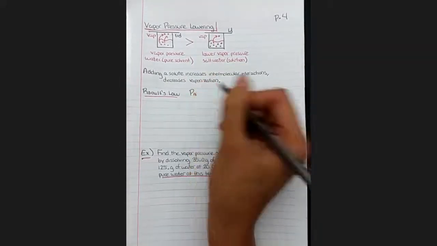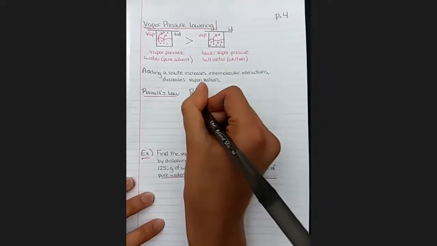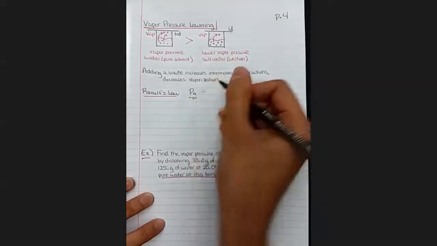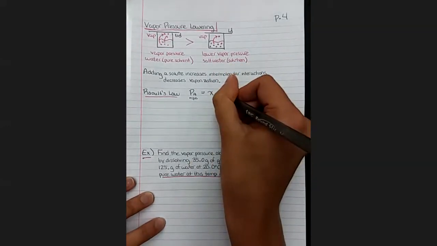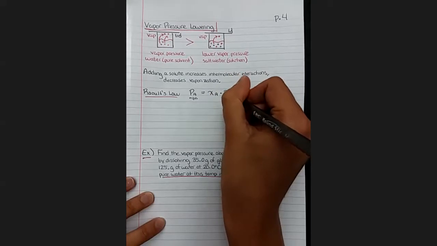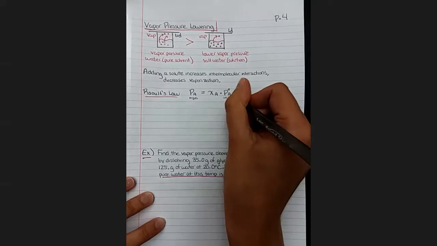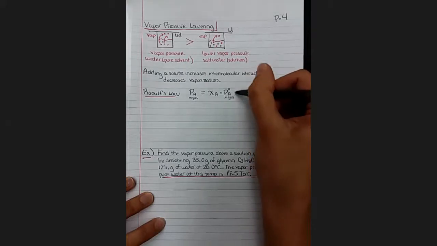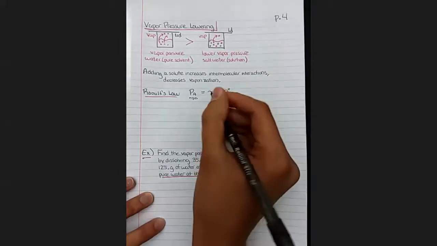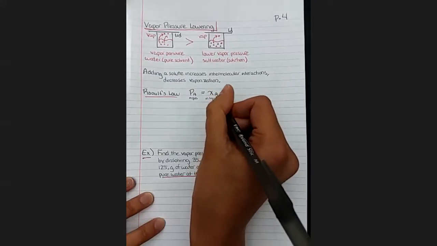So the partial pressure of component A in the gas phase is going to be equal to the mole fraction of A times the partial pressure of A in the pure solvent. So this little circle up here indicates the pure solvent. So this is compound A by itself. And this mole fraction is always measured for the liquid phase.